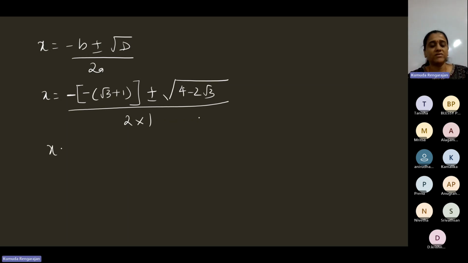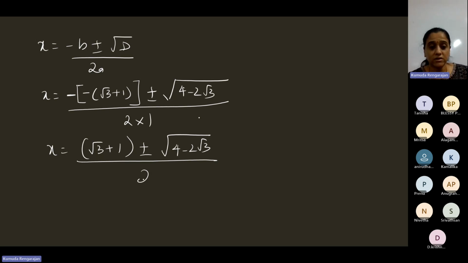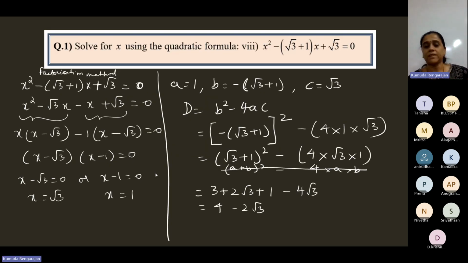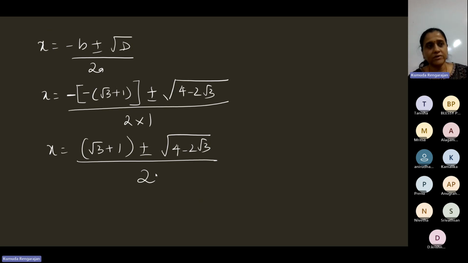So you'll have X is equal to root 3 plus 1 plus or minus, how will you get rid of the square root? 4 minus 2 root 3. What will you do with that? So you will stop here. If you did not use the identity, and if you expand it and simplify, you get 4 minus 2 root 3, whose square root you will not be able to find.